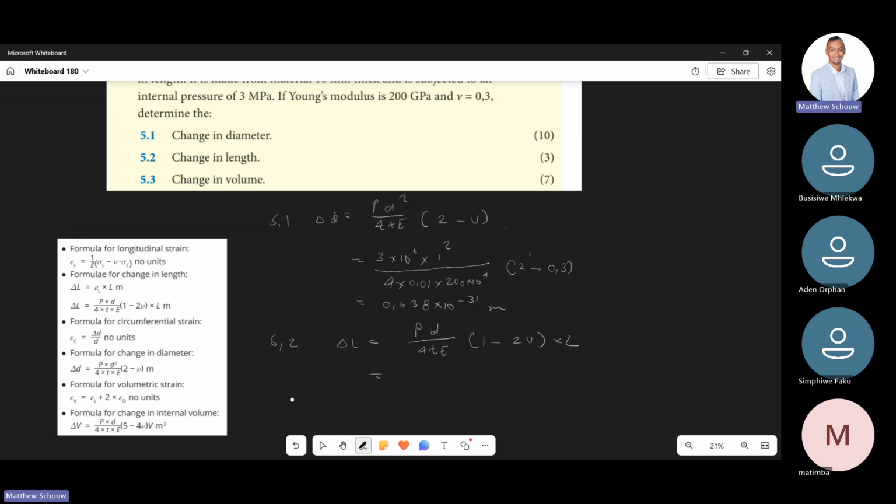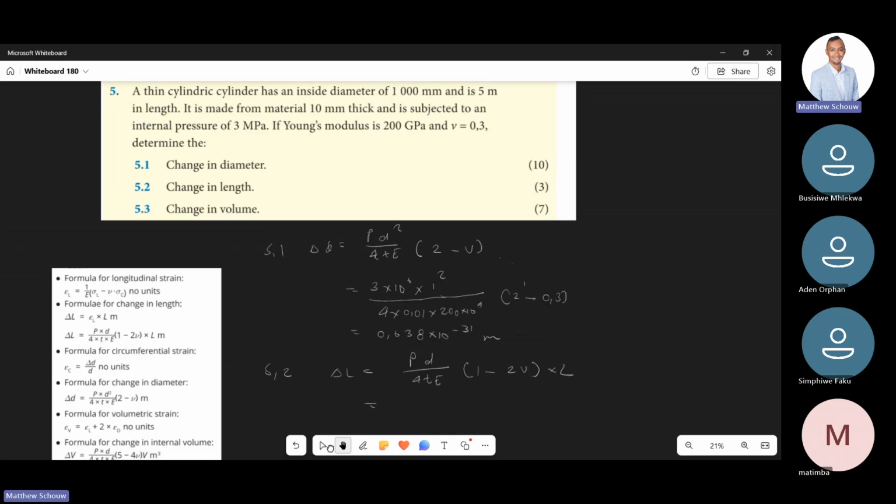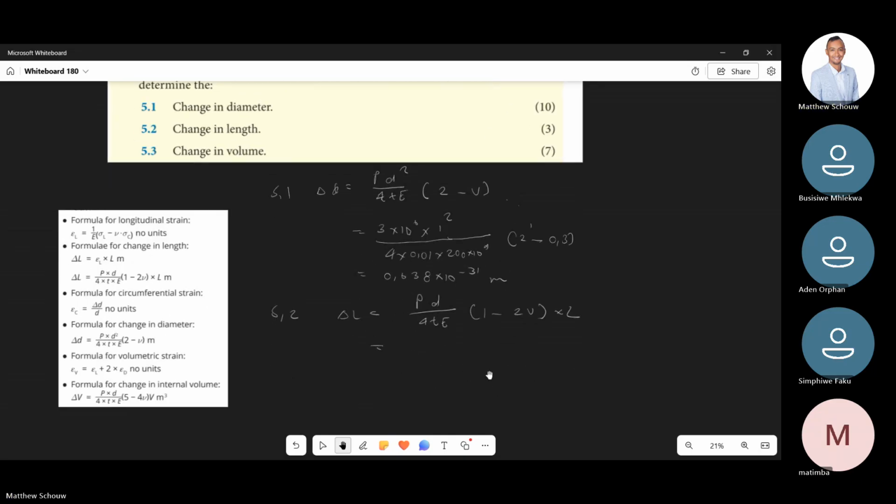What do you get for that? So the length is, sorry about that, that's going to be 5. Times 5, eh?